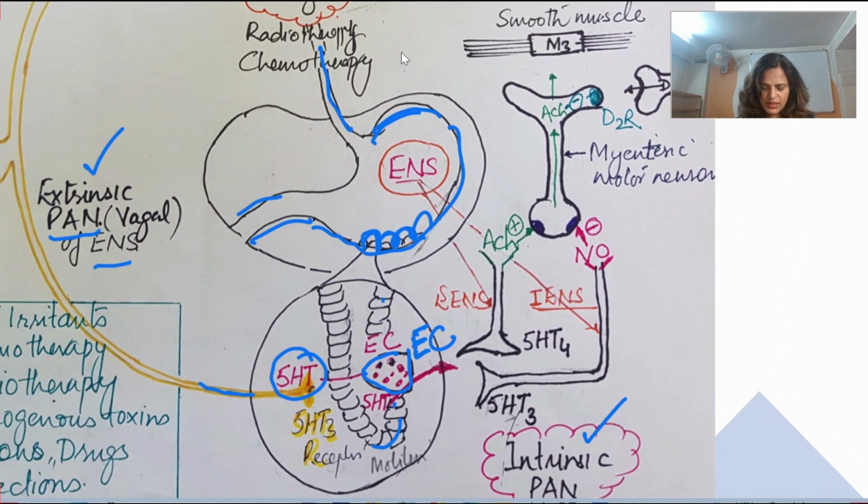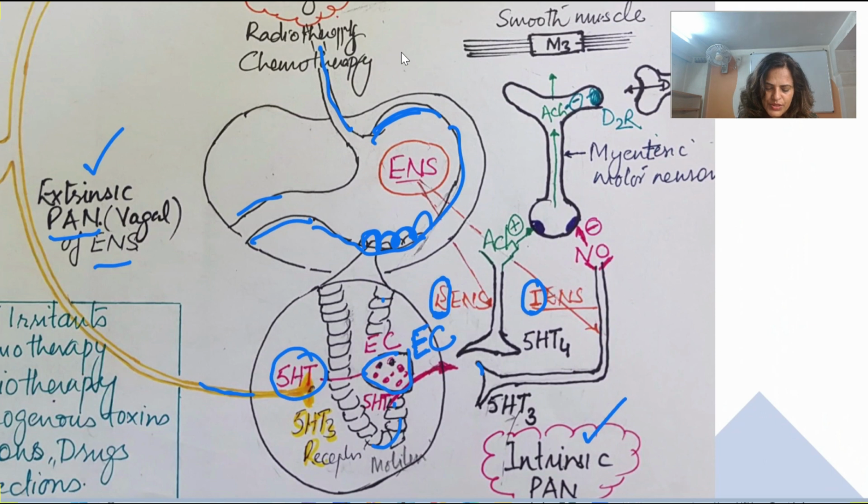Now this 5-HT in the intrinsic primary afferent neuron, which I haven't drawn here, further makes a connection with the interneurons, that are excitatory and inhibitory. Here I stands for inhibitory and E stands for excitatory enteric nervous system neuron.